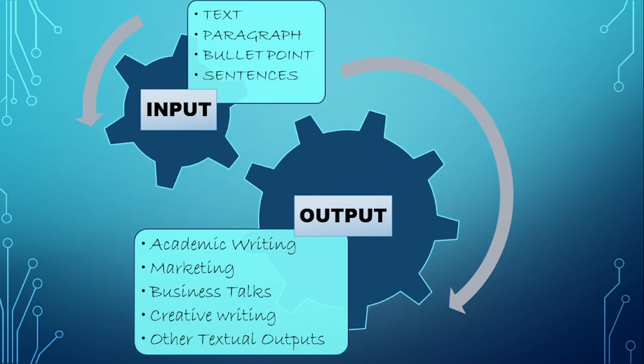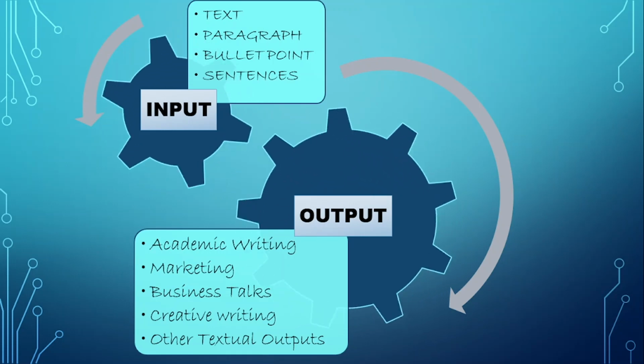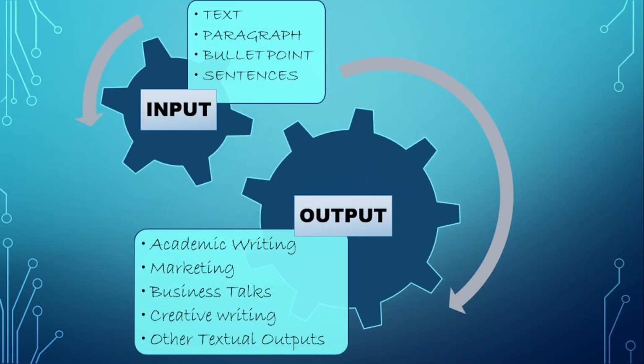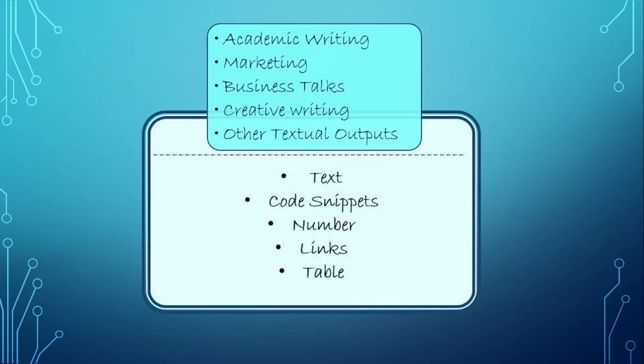Or, in simple words, we can say that all of these can be classified under 5 further types, which are text, code snippets, numbers, links, and tables. ChatGPT creates the output in only these 5 things. It cannot create an image, nor can it create any audio. We can use different AI for such tasks.